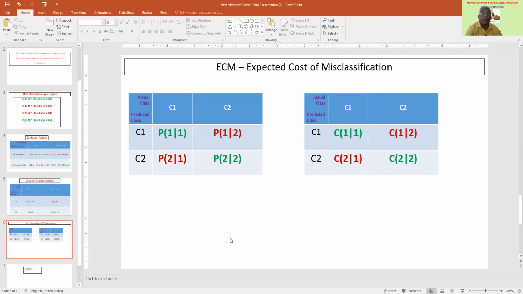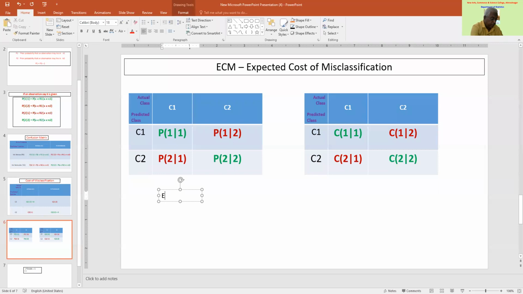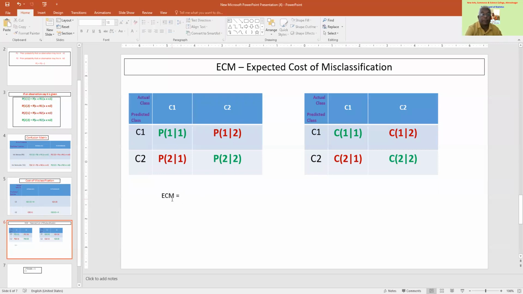Now ECM, I want to find out ECM, the expected cost of misclassification. So let us see.